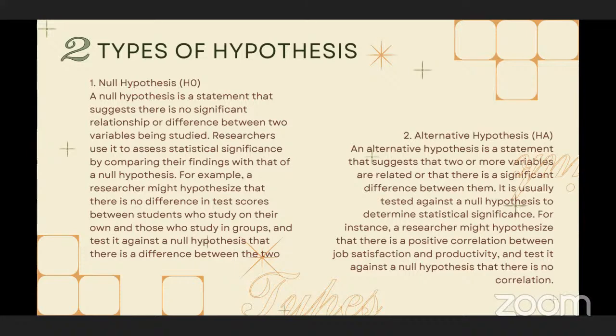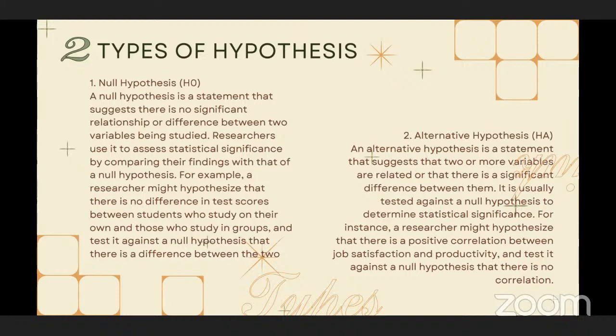Researchers use it to assess statistical significance by comparing their findings with that of a null hypothesis. For example, a researcher may hypothesize that there is no difference in the test score between students who study on their own and those who study in groups, and test it against a null hypothesis that there is a difference between the two.